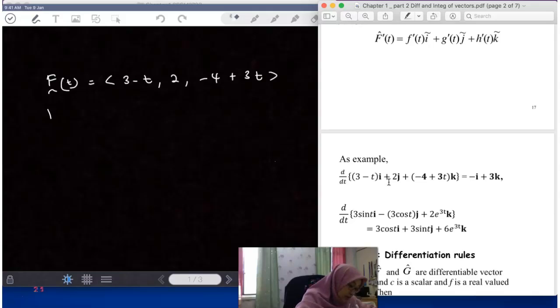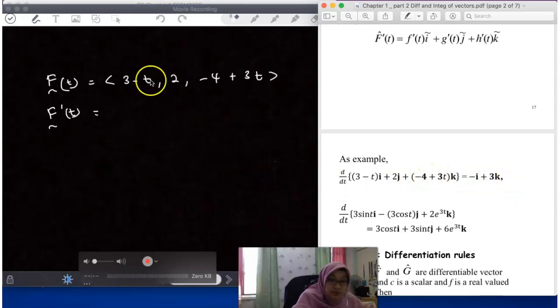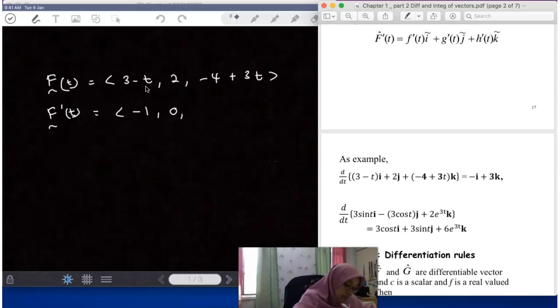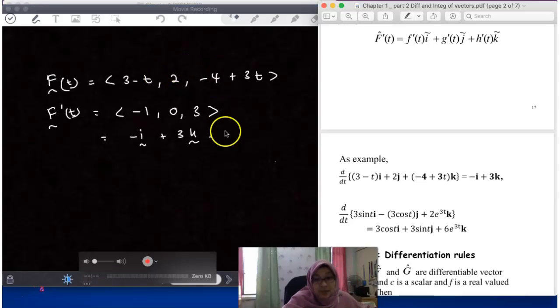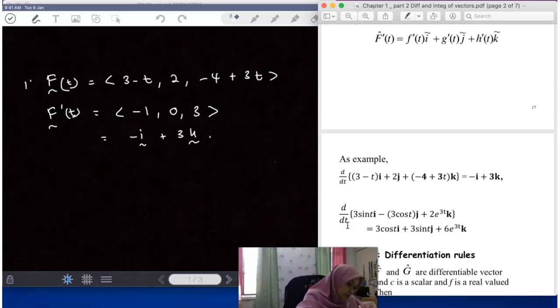So when you have f prime t or df over dt, you differentiate the first component with respect to t, then you have minus 1, and you get 0 because it is only 2, right? And then minus 4 plus 3t just picks up 3. So that's why you have minus i plus 3k. Okay, that is the first example.